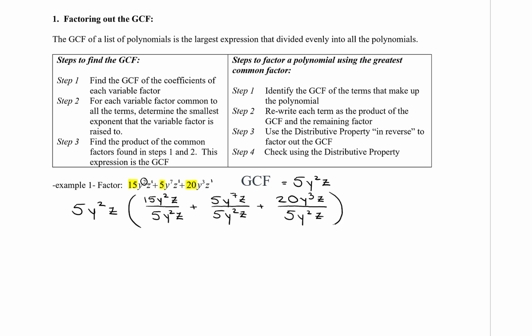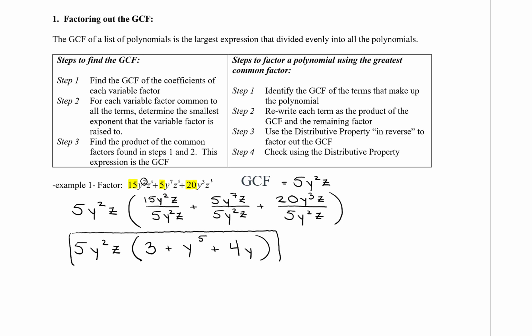So my final answer is going to be 5y squared z times, we're going to open up a set of parentheses, 3 plus y raised to the 5th power plus 4y, close the parentheses, and I'm going to box this answer in. This is going to be my factored out polynomial, where I factored out the GCF.